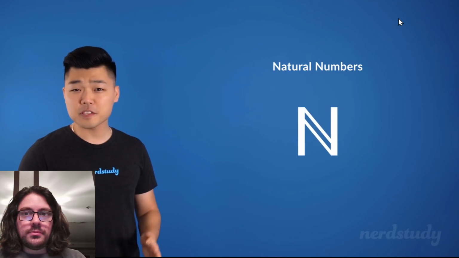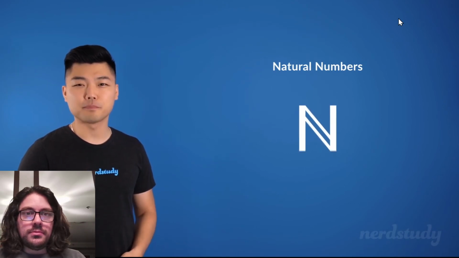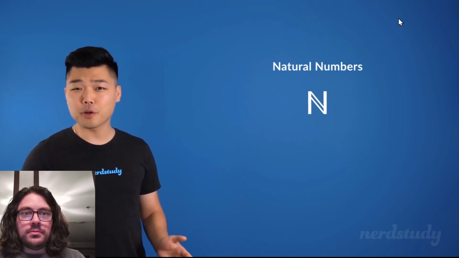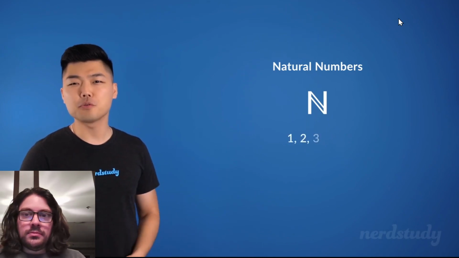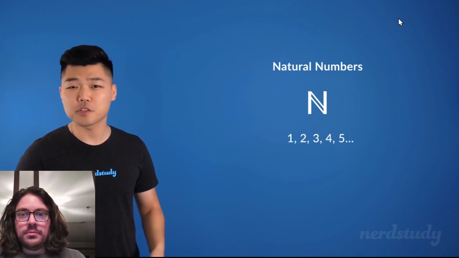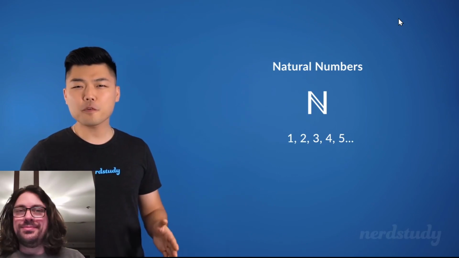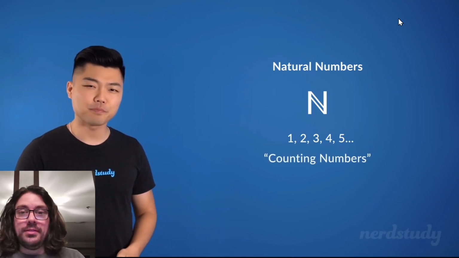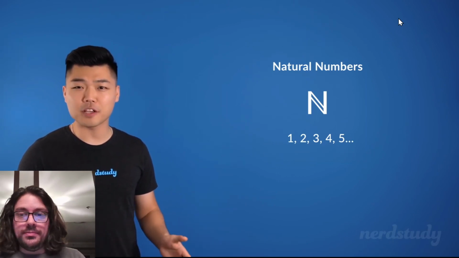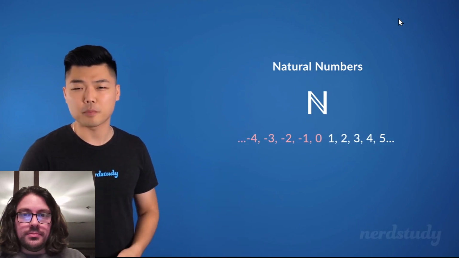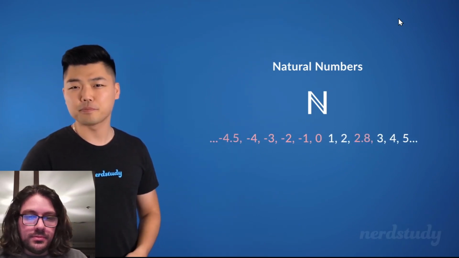So the most basic type of classification of numbers are the natural numbers, and this is a symbol that we use to represent them. Natural numbers include numbers such as 1, 2, 3, 4, 5, and so on. They are often referred to as counting numbers. Now, natural numbers do not include 0 or any negative numbers, as well as any decimals.